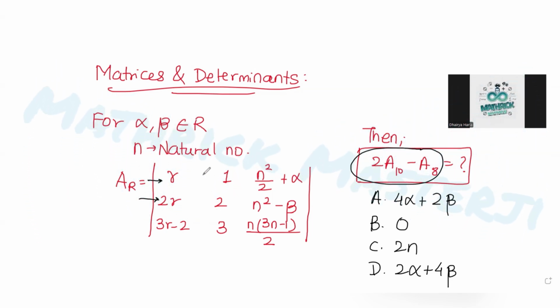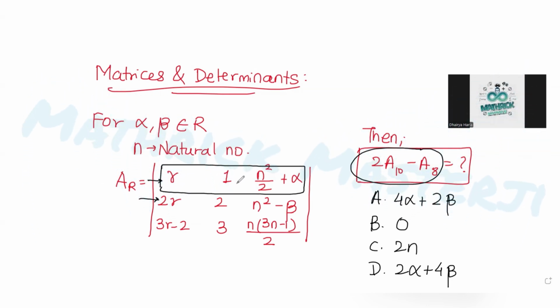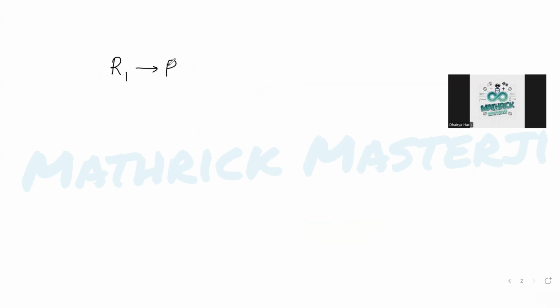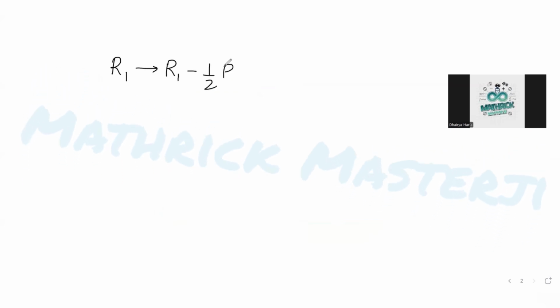To find the determinant more easily, I can change my first row and make as many elements 0 as possible. I can divide the second row by 2 and subtract it from the first row. So I will use the row transformation R1 minus half R2.